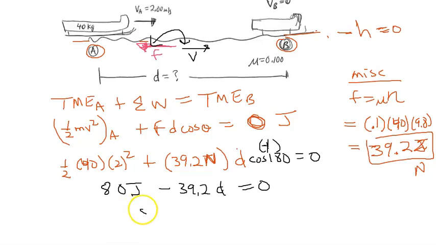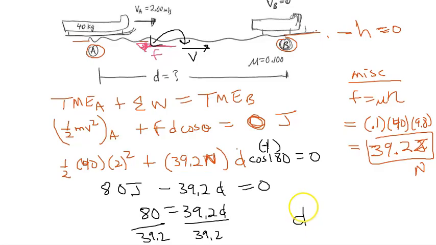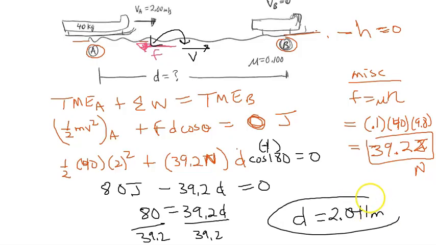So 80 equals 39.2 D. Divide both sides by 39.2, and you get that the sled travels a distance of 2.041 meters.